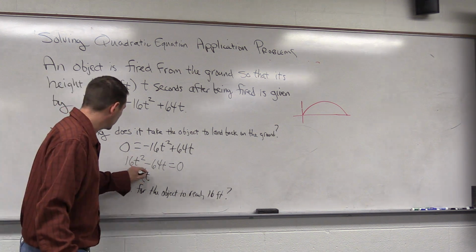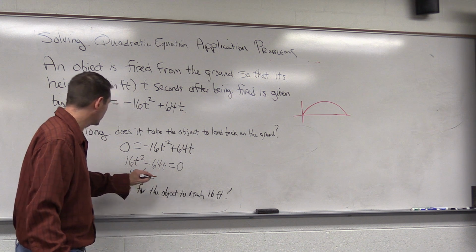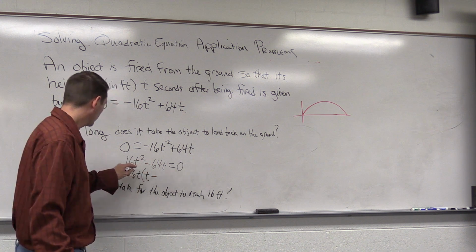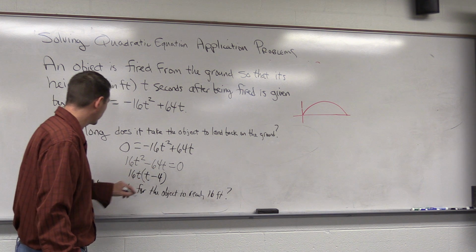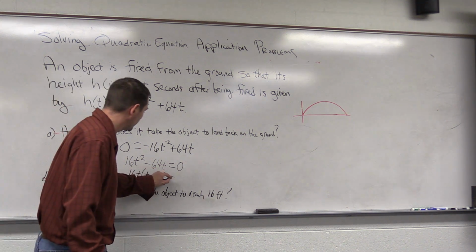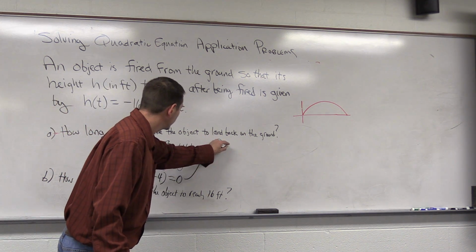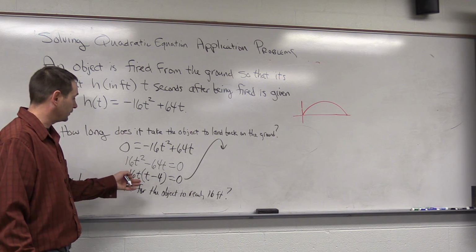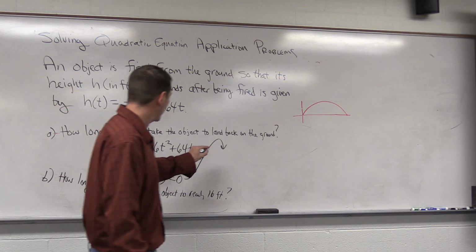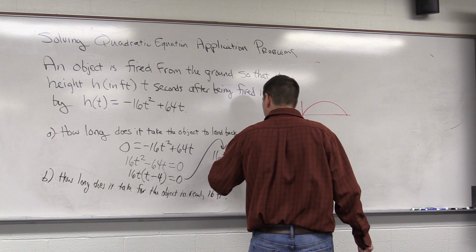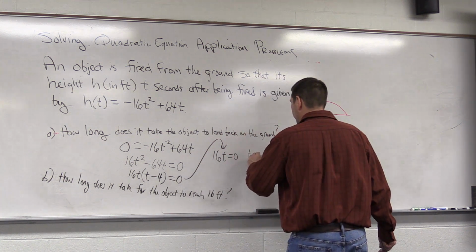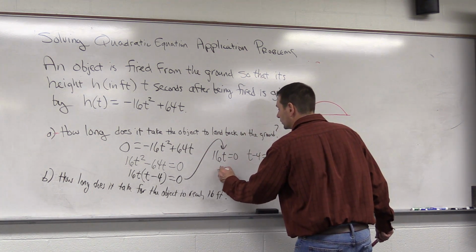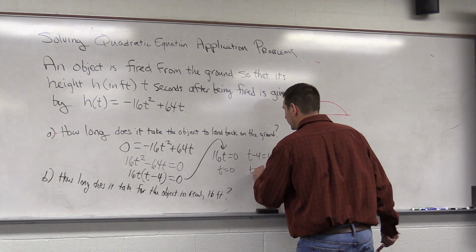And I'm left with just t minus, what do we have here, 4, I think? 4 times 16 is 64, equals 0. Cool, now you have it factored, two things multiplied. Set each factor equal to 0: 16t equals 0, t minus 4 equals 0. So t equals 0 and t equals 4.